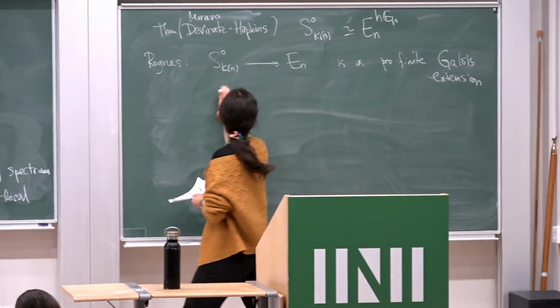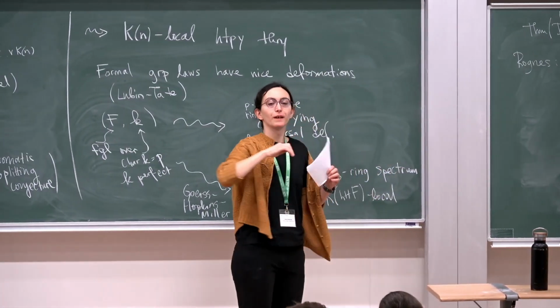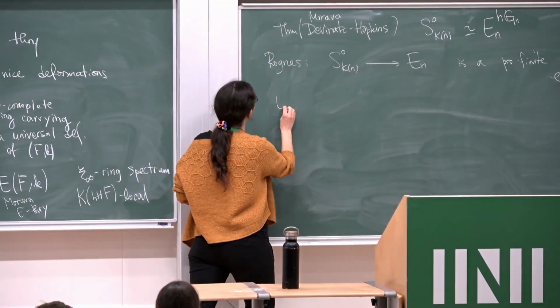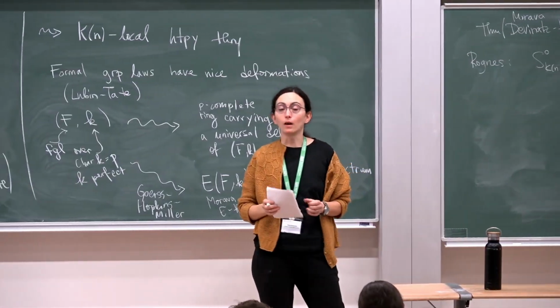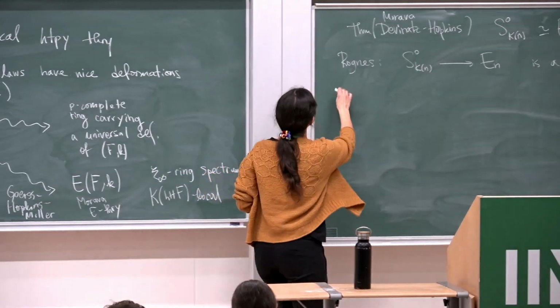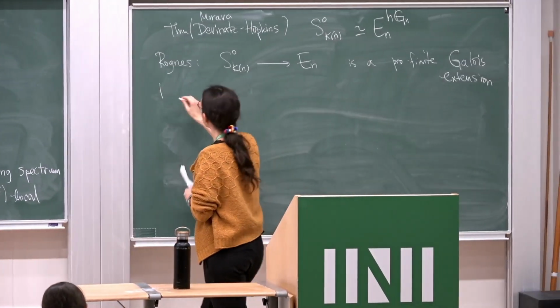even better, this En, the specific En, not quite, but something very close to it, is the algebraic closure of the Kn local sphere, due to I guess work of Birgit Richter and Andy Baker.